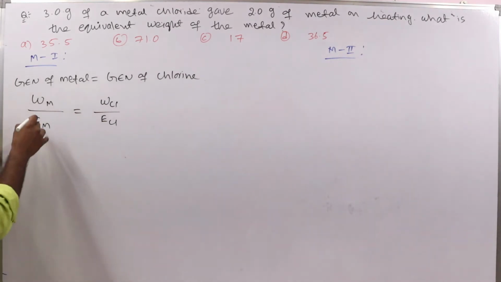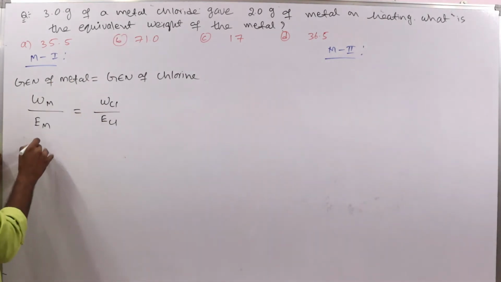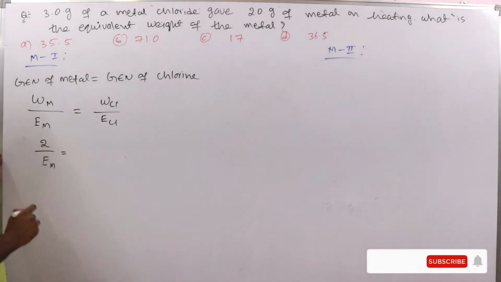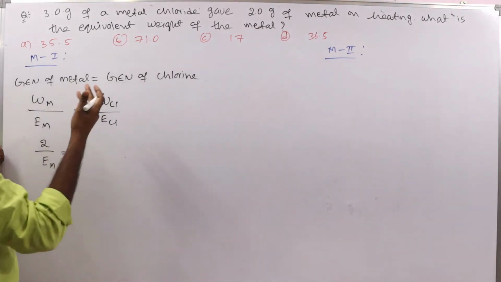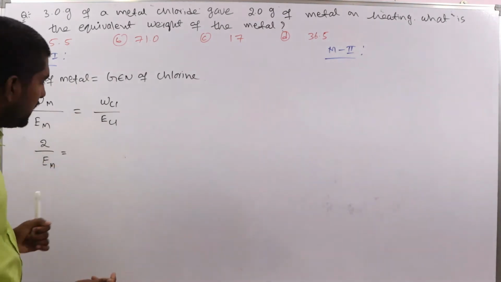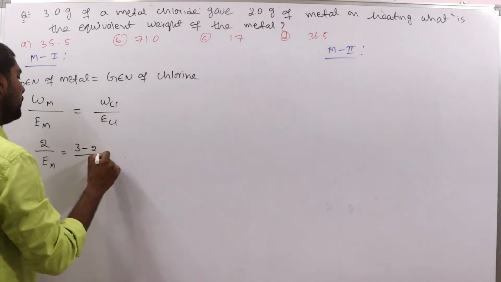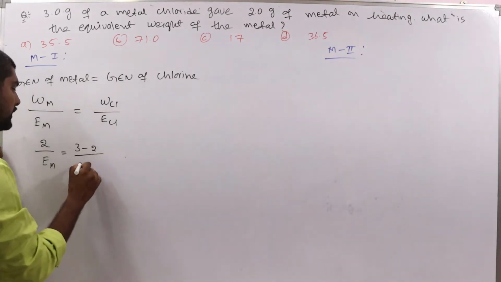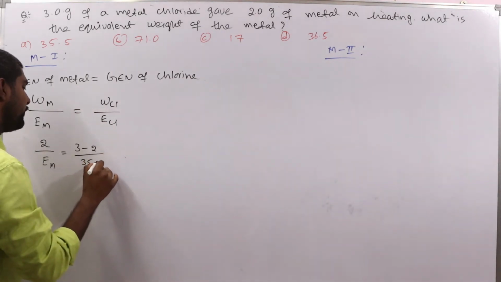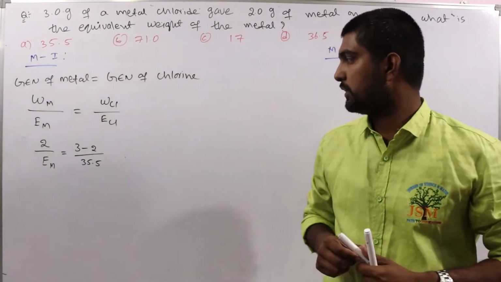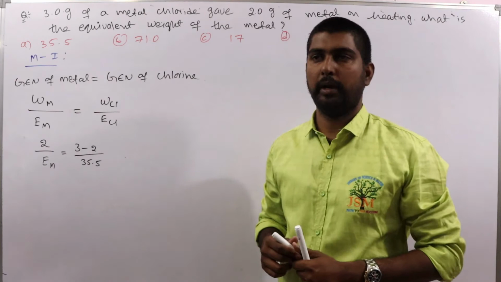If you substitute here, weight of metal is 2, so 2 by equivalent weight of metal equals weight of chlorine. The weight of chlorine is not directly given, so here it is 3 minus 2 by equivalent weight of chlorine, which is 35.5. I already explained very clearly in the previous lectures how we get these equivalent weights.